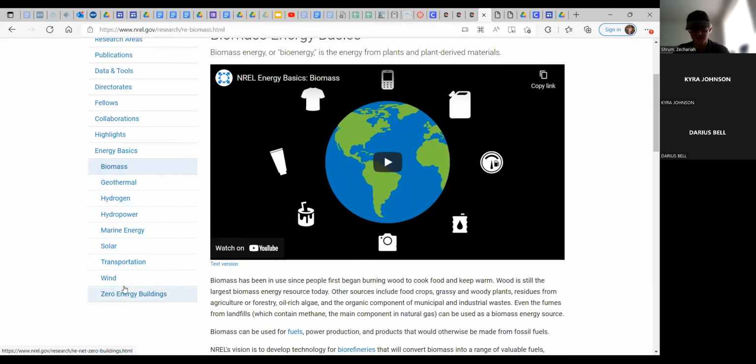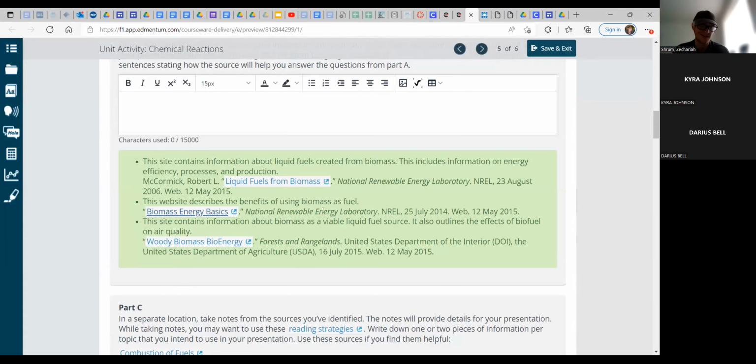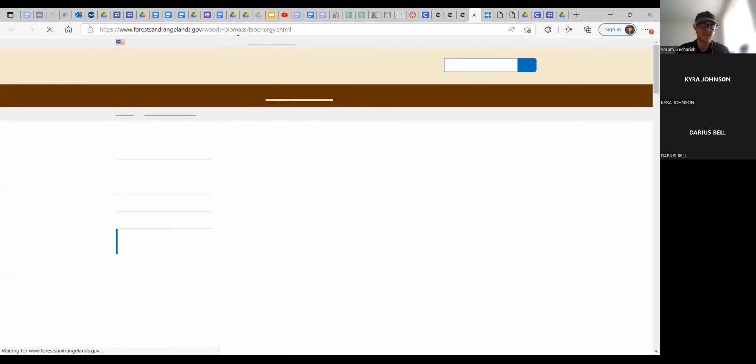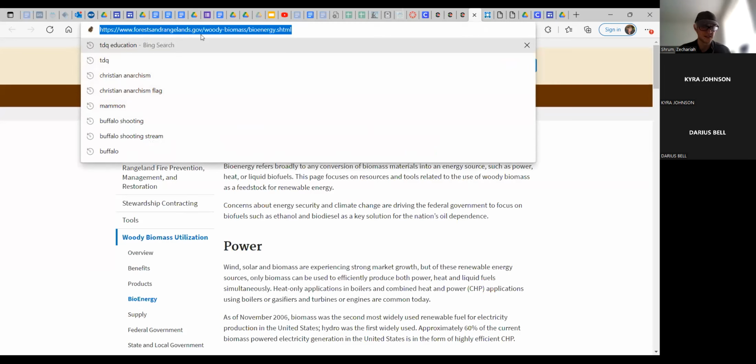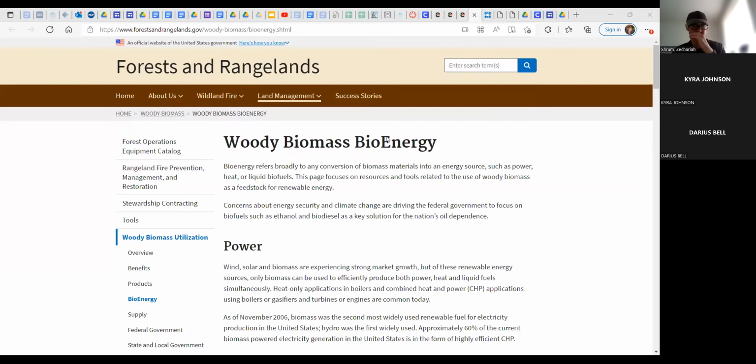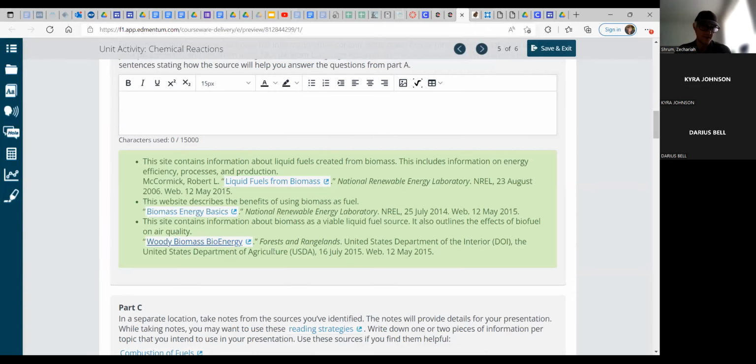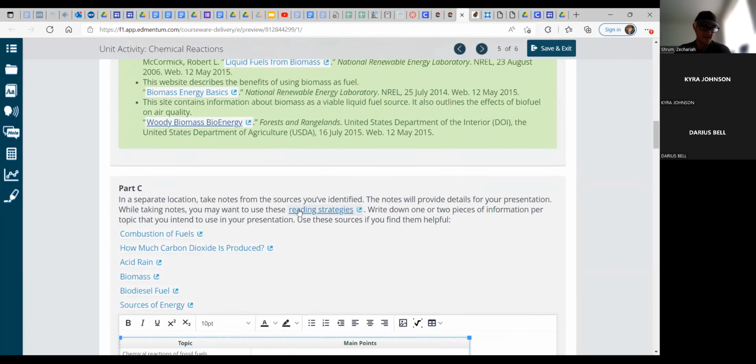The others more transportation and zero energy buildings. Interesting, but not directly related to what we're talking about right now. So I'll put that one in there too. And then the last one is from forests and rangelands. Okay, so those are three decent resources that we'll use for now.